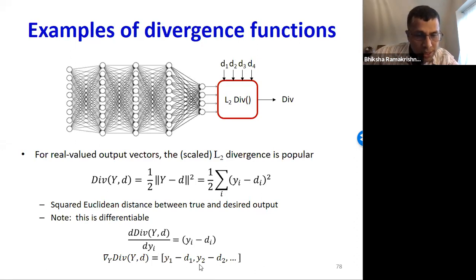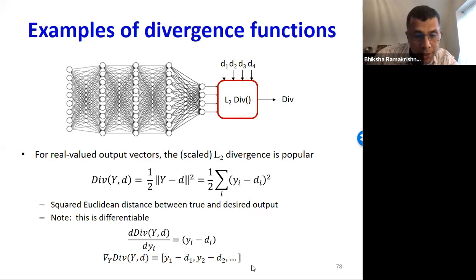The second one is the second output minus the desired second output, and so on. And now observe something over here. These are just the errors. So when the output is real valued and the target output is also real valued, then the derivative is a vector of errors between the actual output of the network and the desired output of the network.